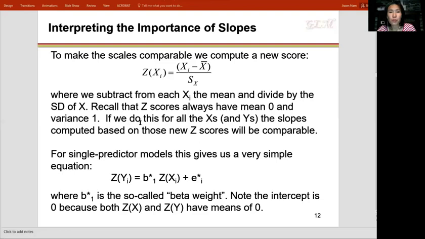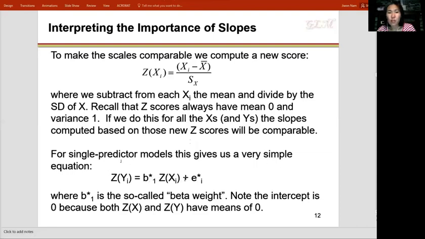If we do this for all the x's, the slopes computed based on those new z-scores will be comparable. For single predictor models, this gives us a very simple equation.